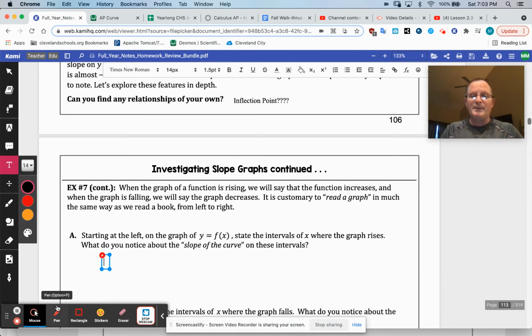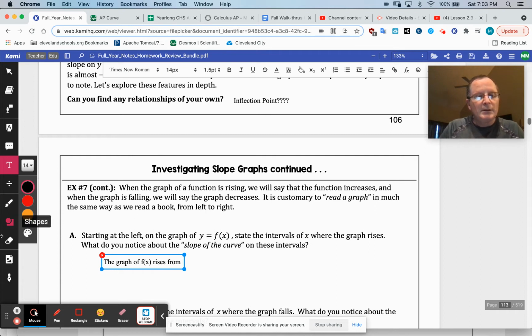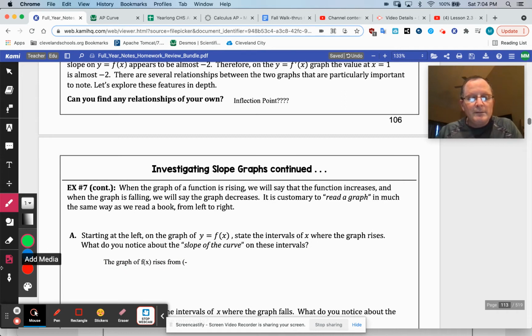So starting from the left, state the intervals where the graph rises. The graph of f of x rises from negative infinity.